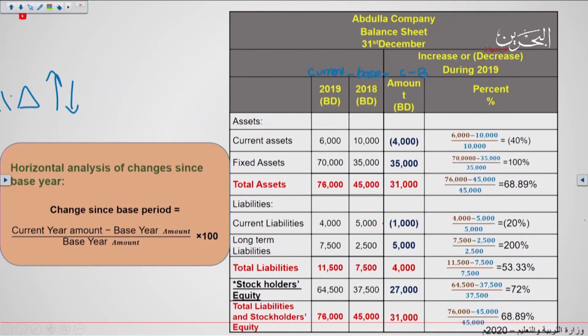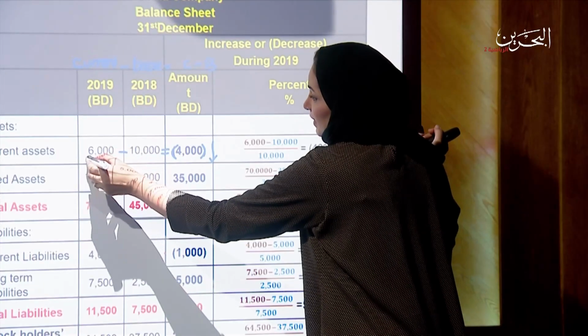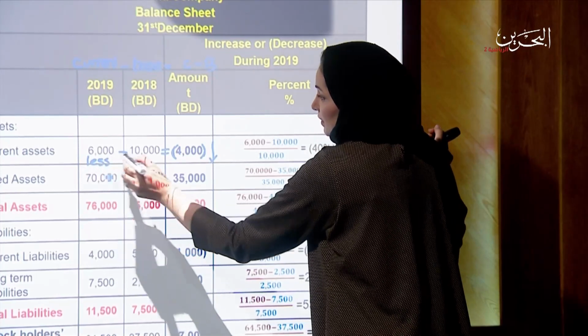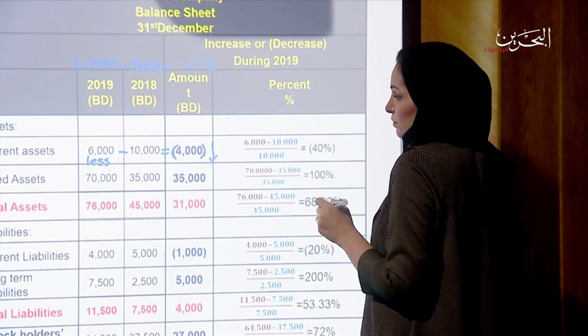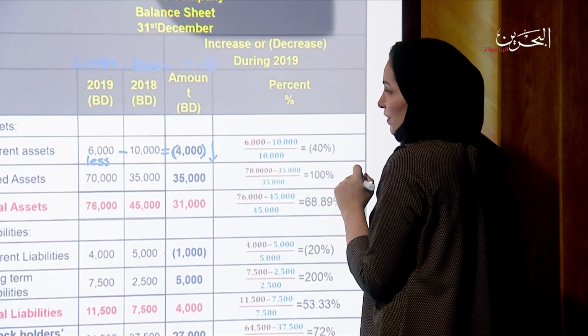The base amount for 2018 is 10,000. The amount is 6,000 minus 10,000, equal to minus 4,000, so it is a decrease. Why a decrease? Because the current year is less than the base year amount. So the amount is 4,000.